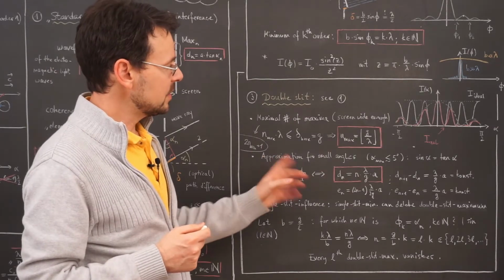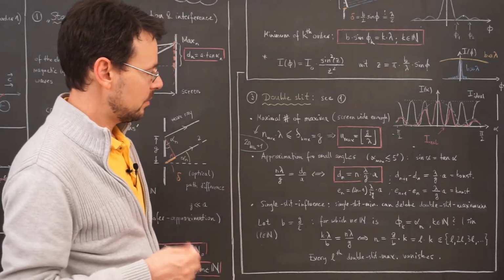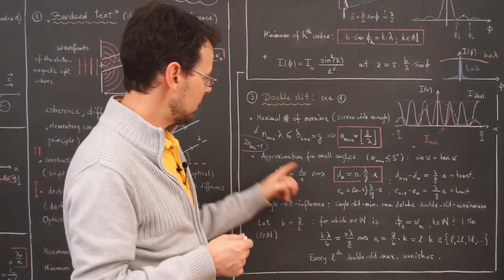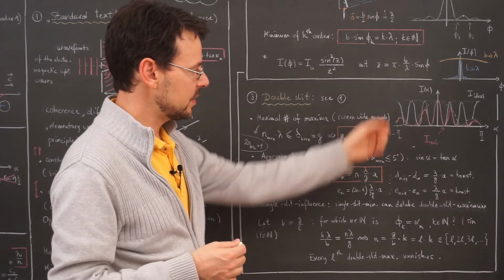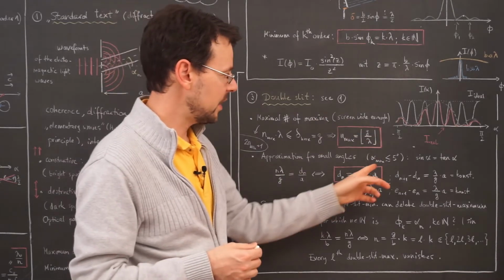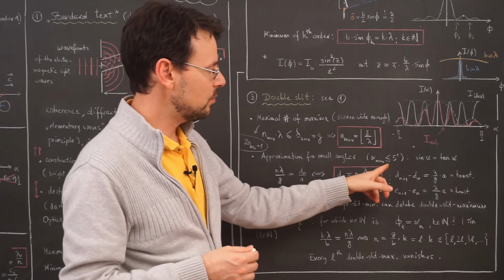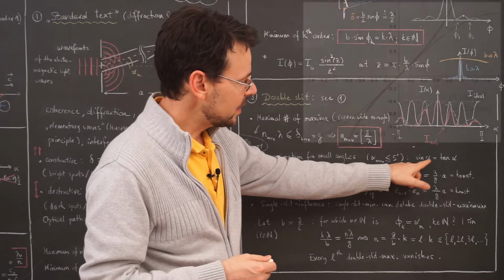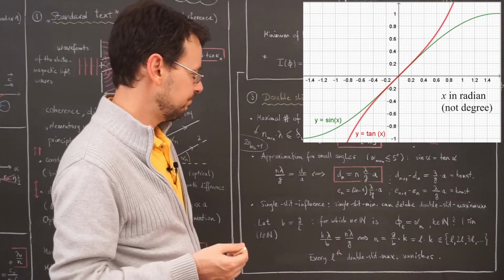For most double slits, of course, depending on the actual width or distance g, an approximation for small angles holds and gives very good results and simplifies the calculations. If your maximal angle, say, is about 5 degrees, then sine alpha equals tangent alpha is a very good approximation.